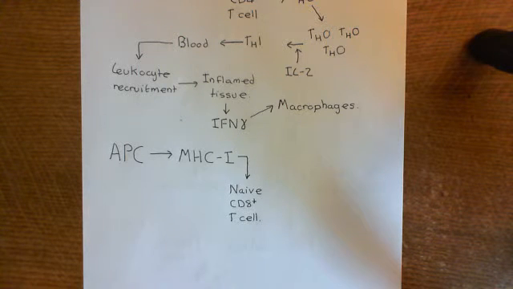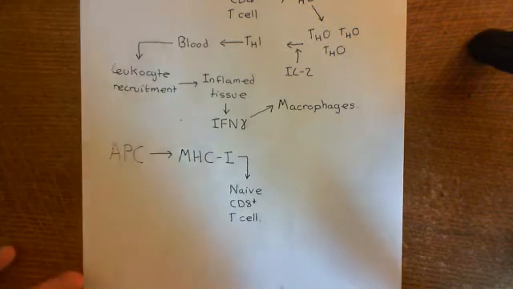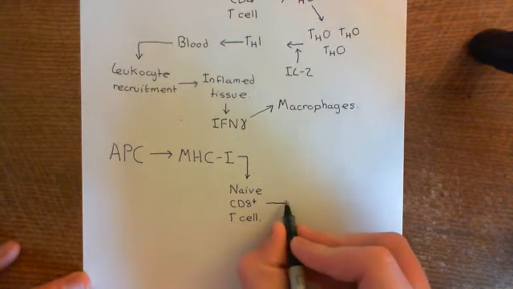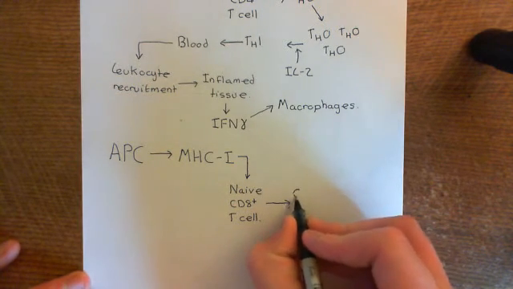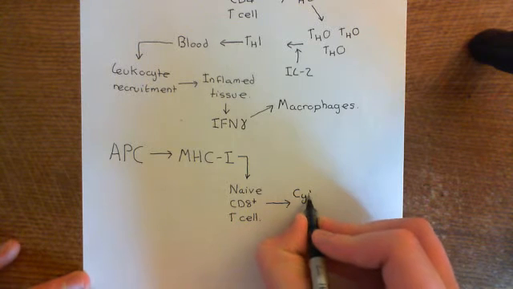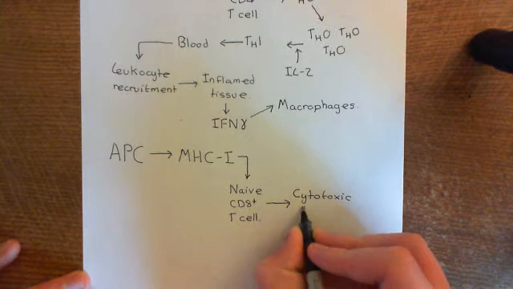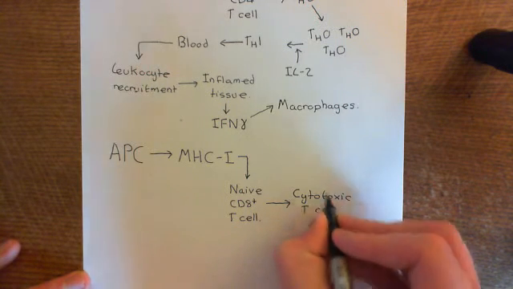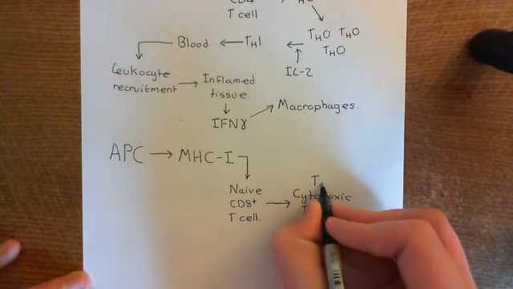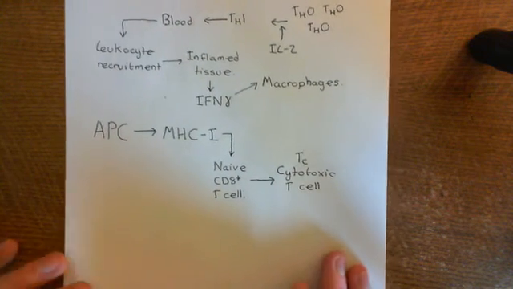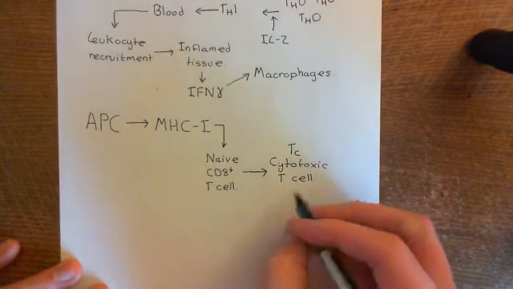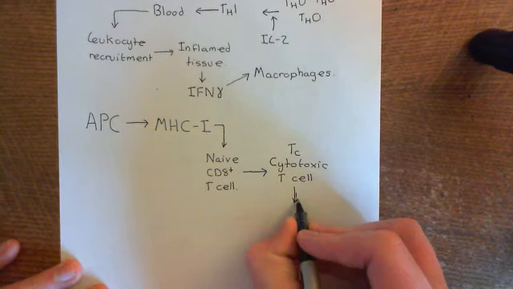Now if it finds such a perfect naive CD8 positive T cell, then it will activate this naive CD8 positive T cell and cause its differentiation into a cytotoxic T cell. These are often abbreviated to T for T cell, and then you put a subscript C for short. Then what will happen is this cytotoxic T cell will undergo division.